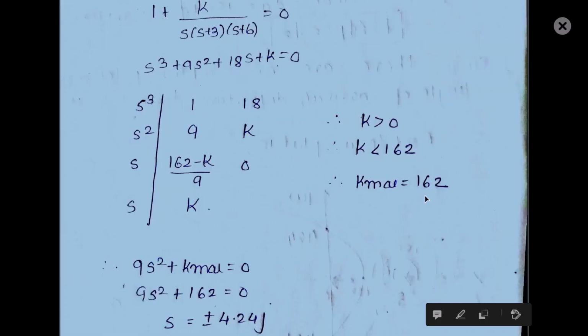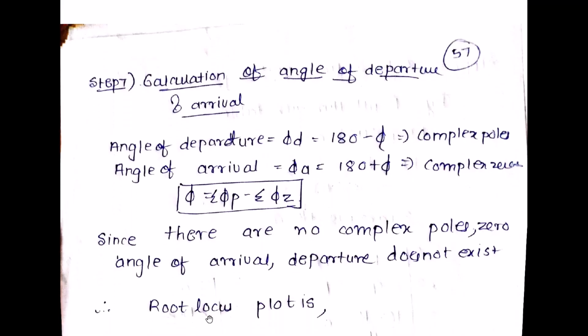I'll put that over here, that is 9s square plus k marginal is equal to 0. What is my k marginal value? 162. And hence I get my value of s as plus or minus 4.24j. 4.24 is the value at which my root locus is going to intersect with the j omega axis.